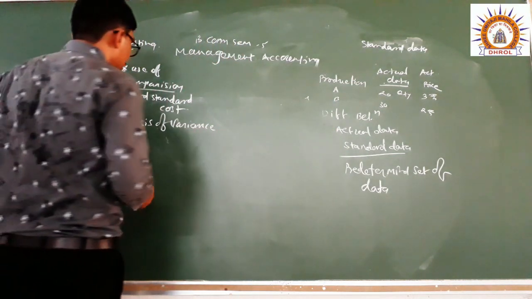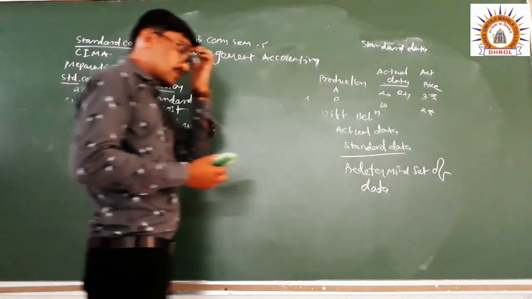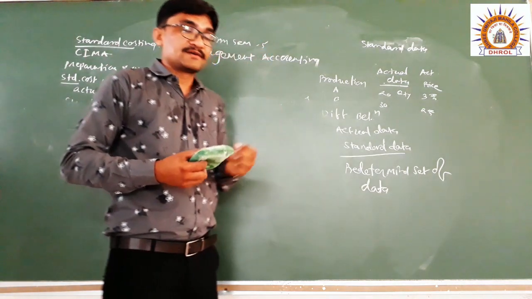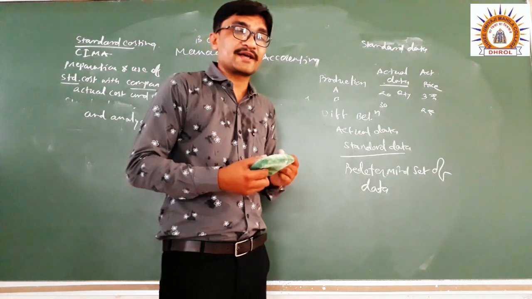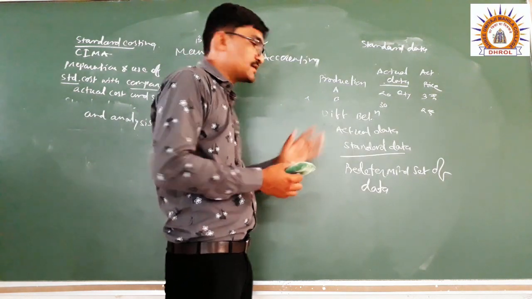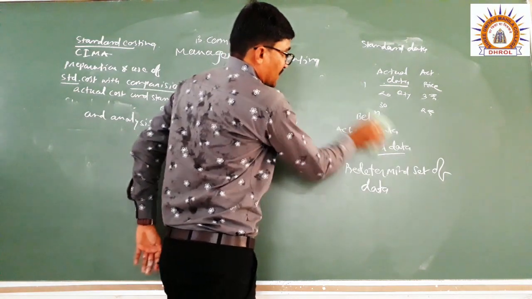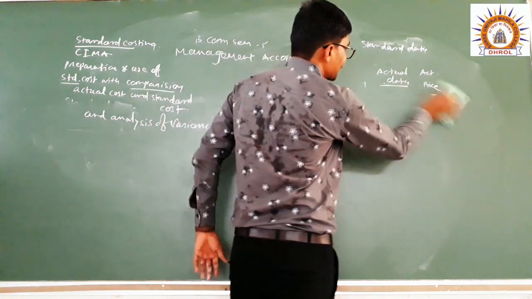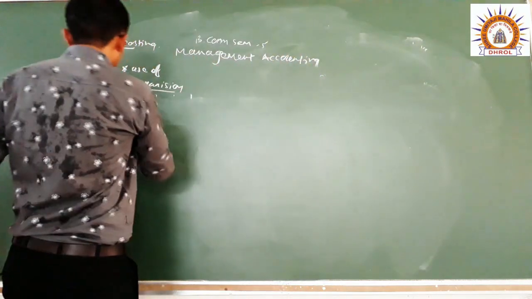Then material costing variance is required, the material related variance. So this is standard costing 1, related to material variance. Next, standard costing 2 is related to labor variances.